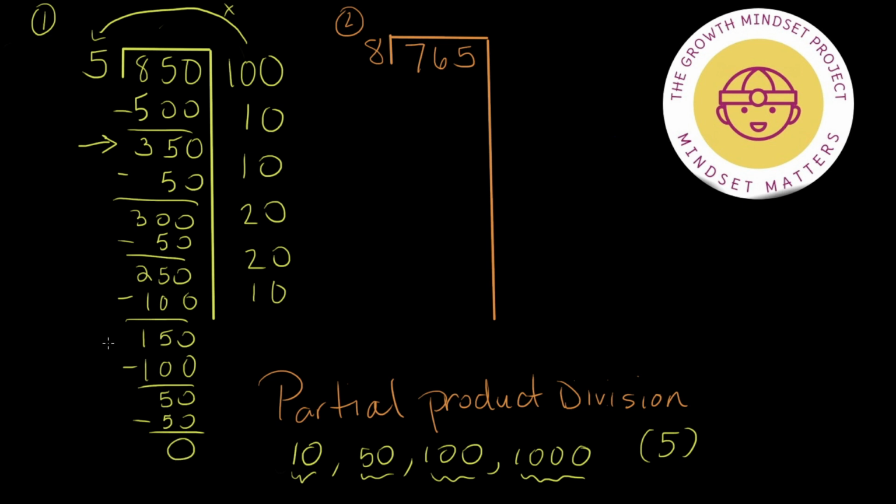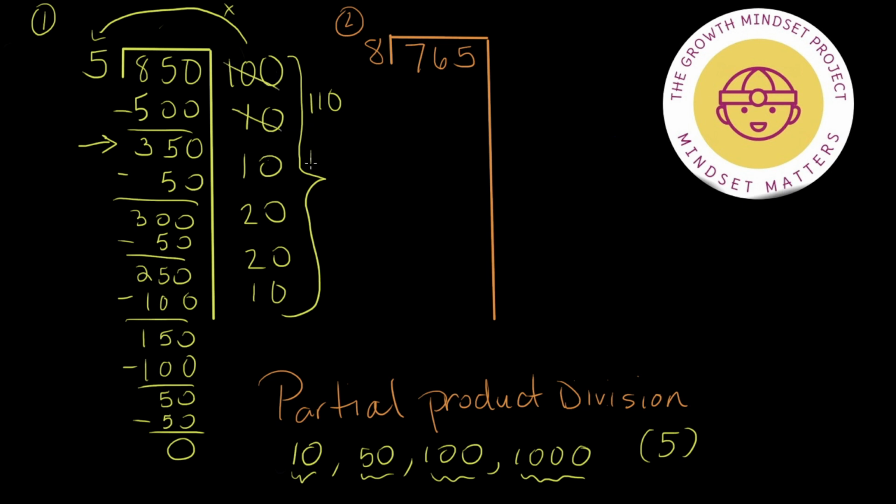We are done with our division, but we are not done with the problem because we don't have an answer yet. What we have is a bunch of partial sums, okay? Partial numbers. We need to add these, okay? So let's add them. So we have 100 plus 10, that's 110.